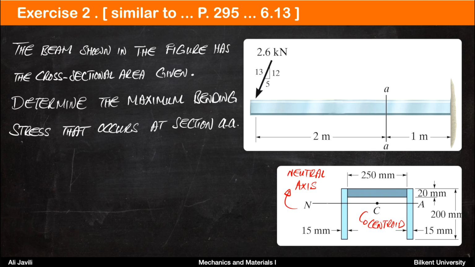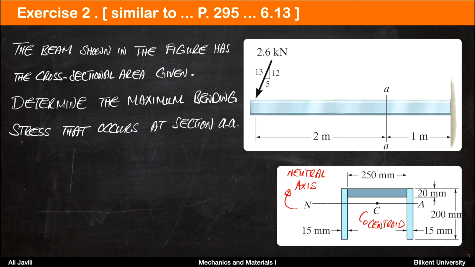So section AA is placed 1 meter away from the support. And at the end, here you have a force applied. It's not a moment anymore, it's a force, and the force is not vertical. It has two components. It has a vertical component and it has a horizontal component.